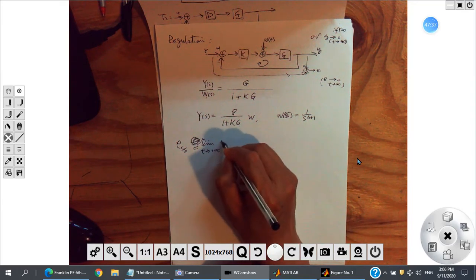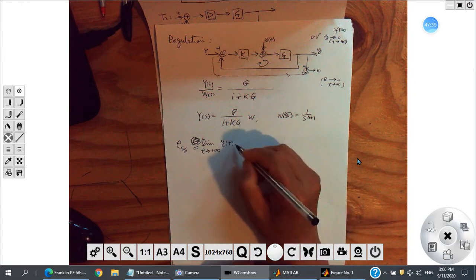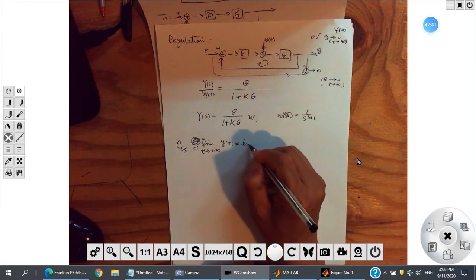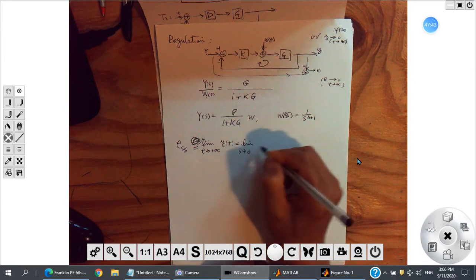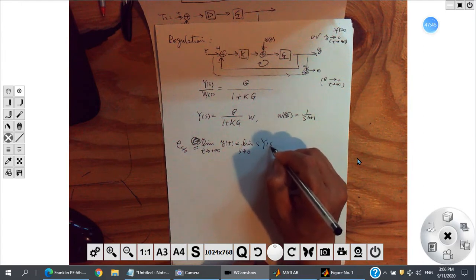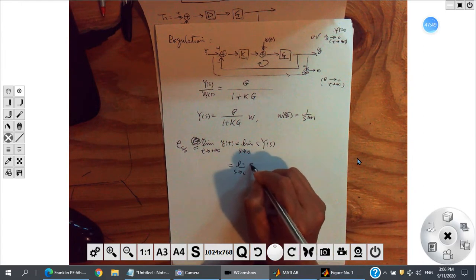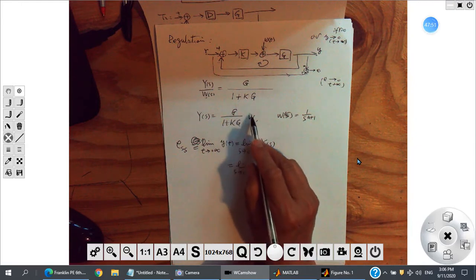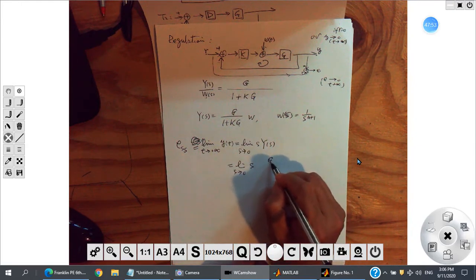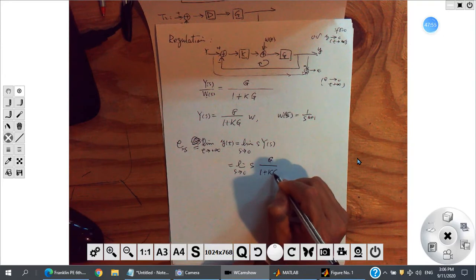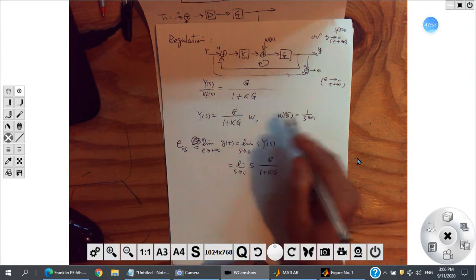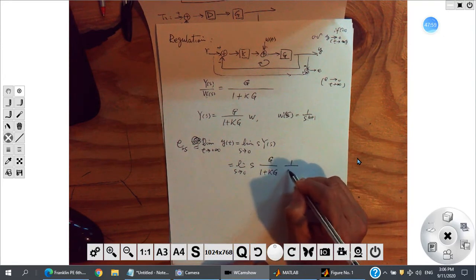This is Y of T. Then this will equal the limit S tends to 0 of S times Y of S. Plug in S times Y. Y is G over 1 plus KG times W, and W is 1 over S to the K plus 1.